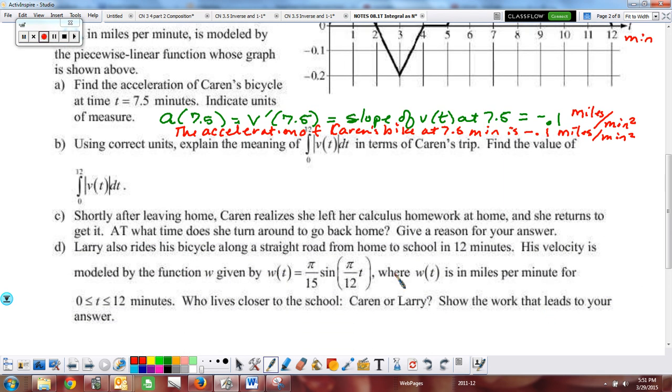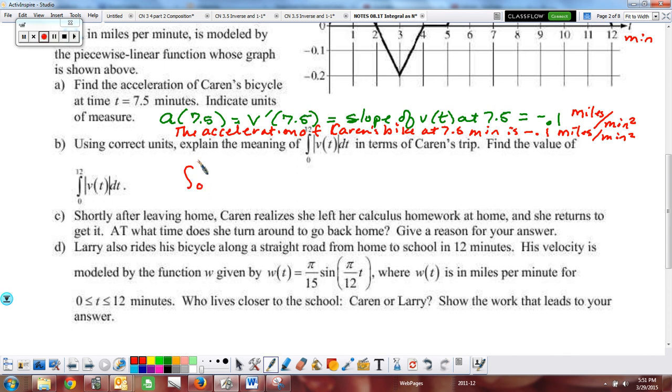All right. Now, let's look at part B. Using the correct units, explain the meaning of the definite integral from 0 to 12 of the absolute value of v of t dt in terms of Karen's trip. So as soon as I see that there's absolute value there, we know that that's looking at not the net change in her distance, but her total distance traveled.